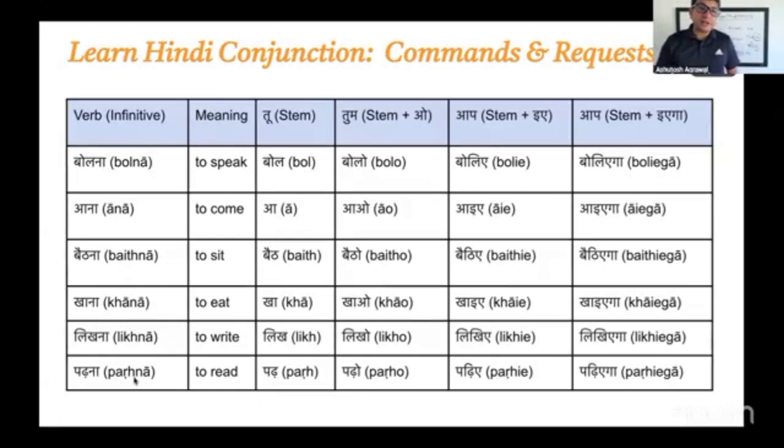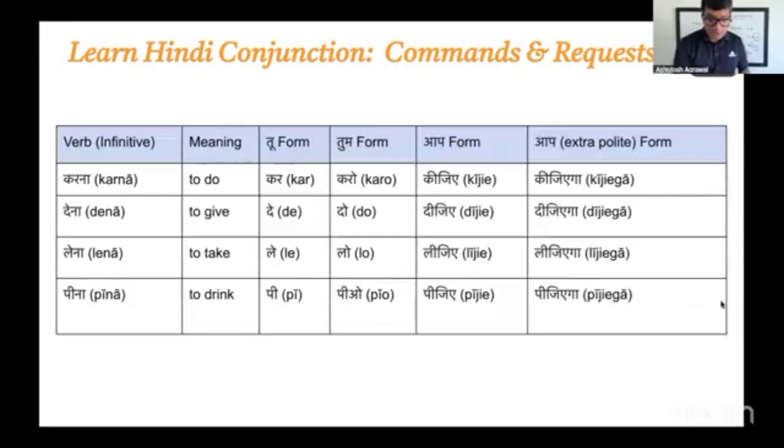Things change slightly when it is an irregular verb. In Hindi, typically we are dealing with karna, dena, lena, and pina. Karna is to do, dena is to give, lena is to take, and pina is to drink. These are irregular verbs. The base stems are: karna is kar, dena is de, lena is le, pina is pi.